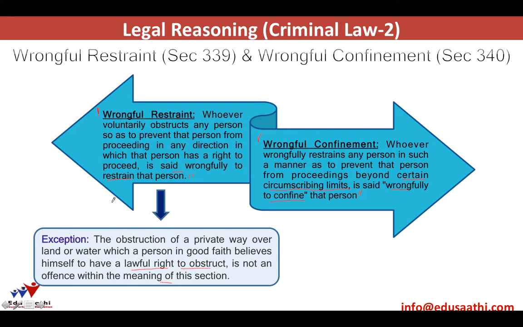In the previous example, if the person believed that the fair at place X is owned by him and he's preventing A from moving in that direction, it would not amount to an offense, because he had in good faith believed that he had the lawful right to obstruct that person from entering his private property. So if he believed that place X belongs to him and he's preventing A from moving in that direction, then it would not amount to wrongful restraint.